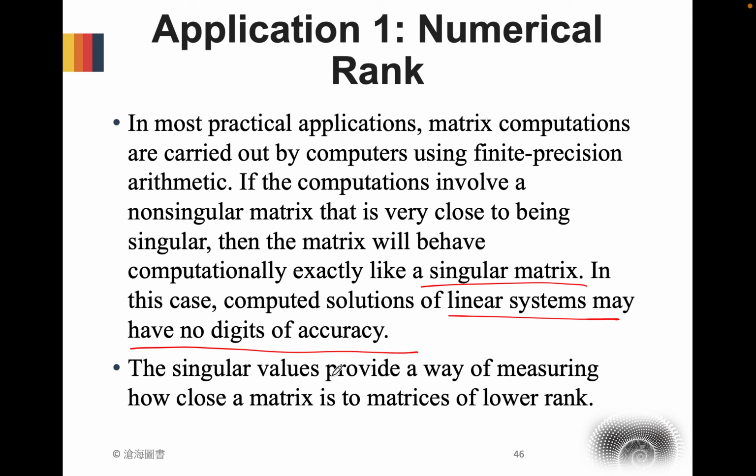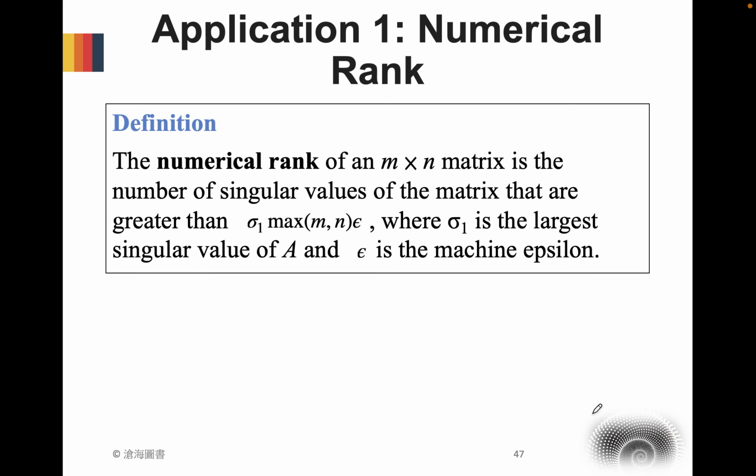So the singular values provide a way of measuring how close a matrix is to matrix of lower rank. So in real engineering applications, we may need to do this process to measure if the solution we obtain is reliable.